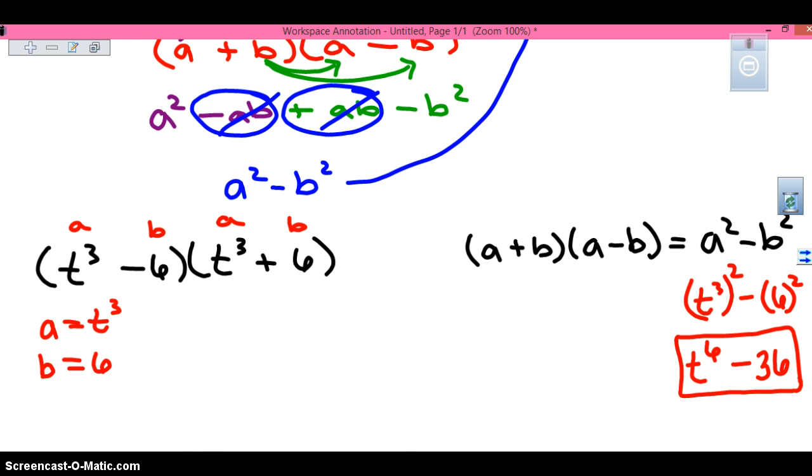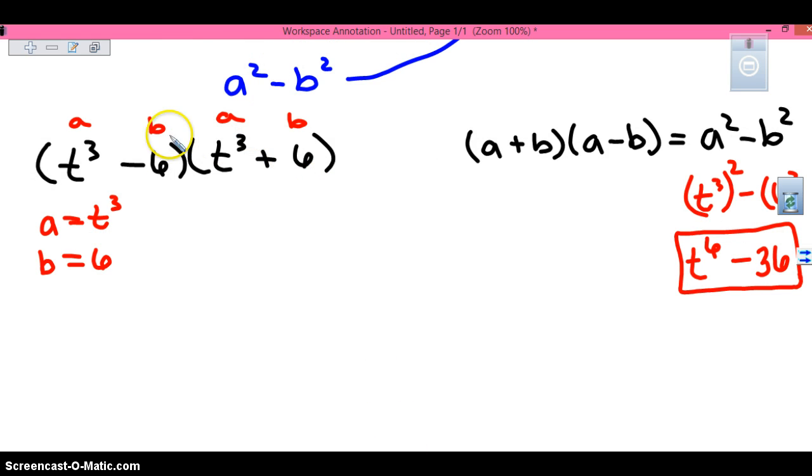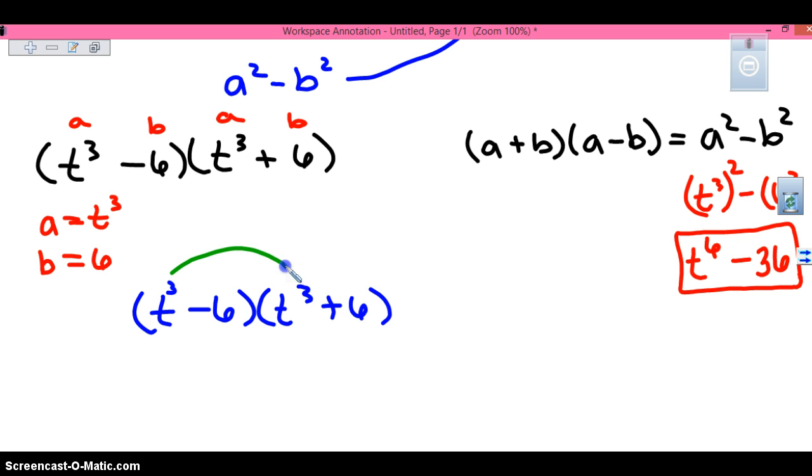Now we can also work out this problem using the FOIL method. We multiply t cubed times t cubed, t to the 6. When we multiply exponents with the same base, we add the exponents.